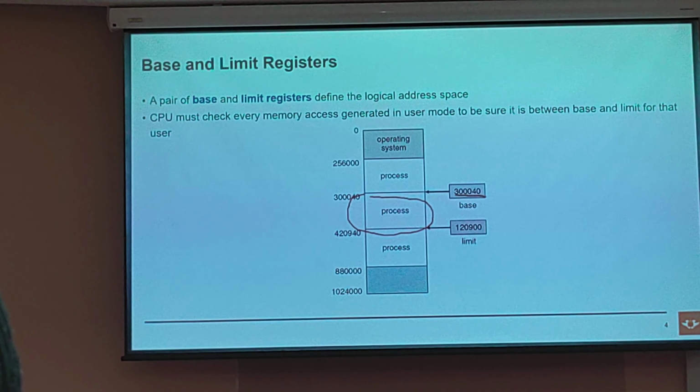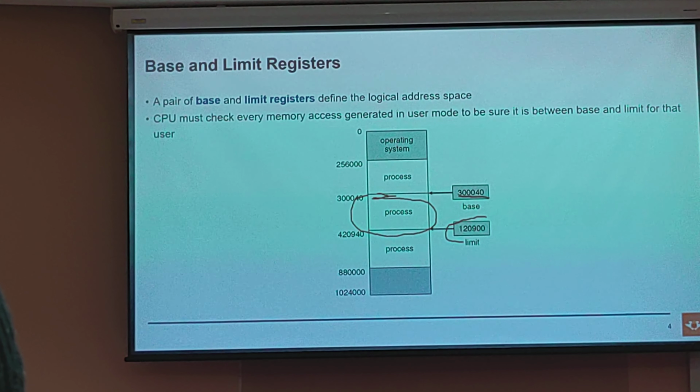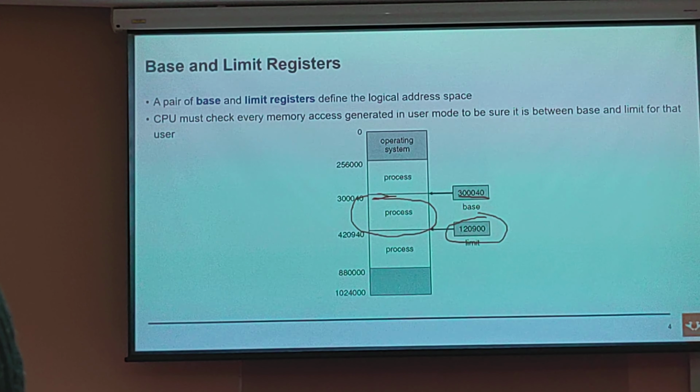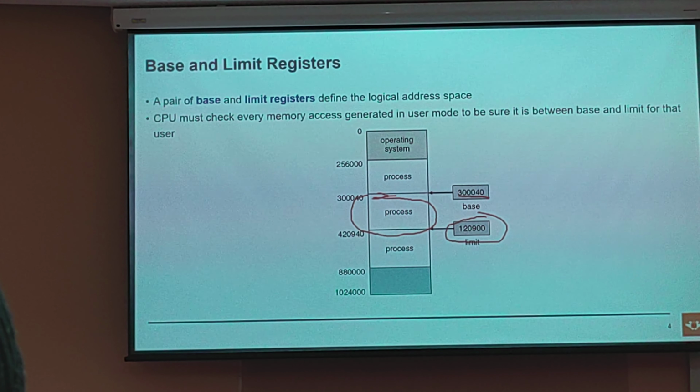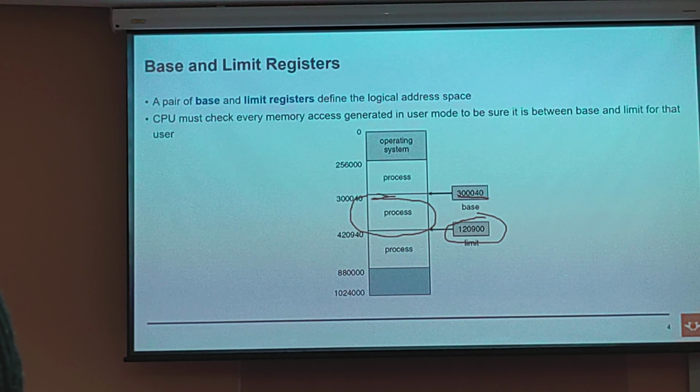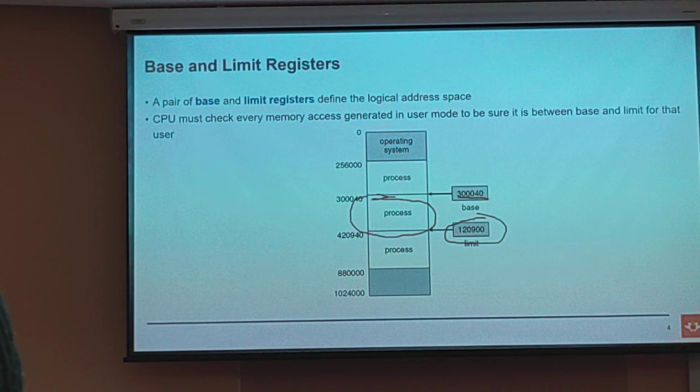The limit register is used to ensure that when we request a specific memory address, that address is within the limit of the assigned block of memory for the specific process.